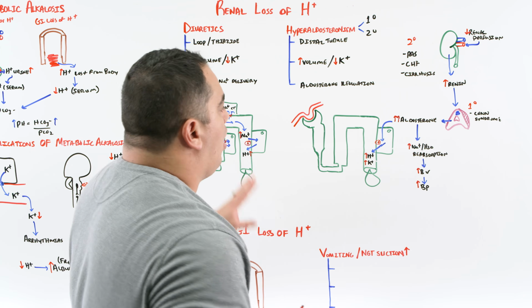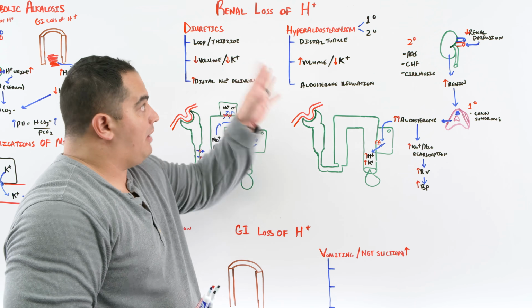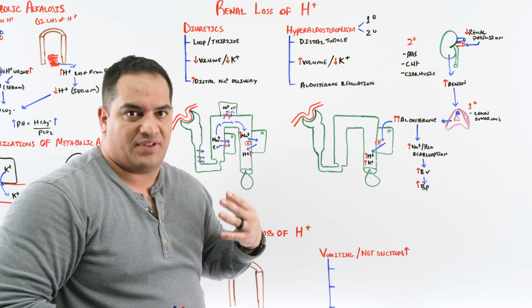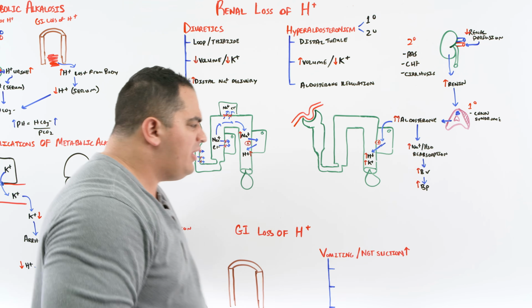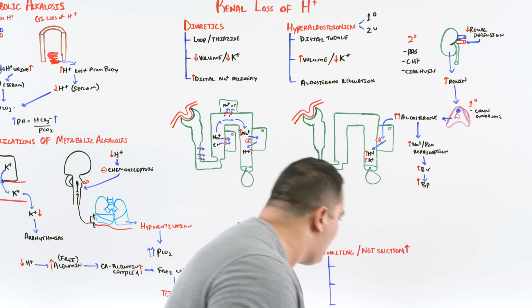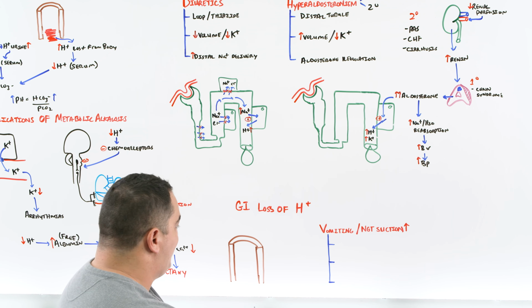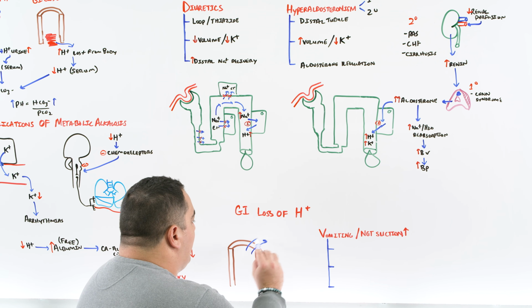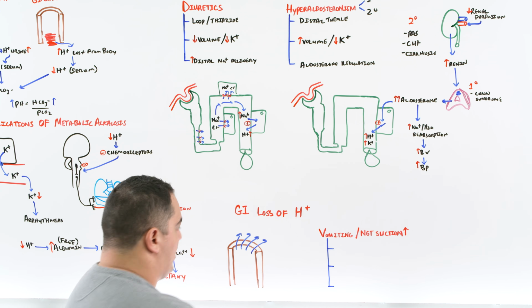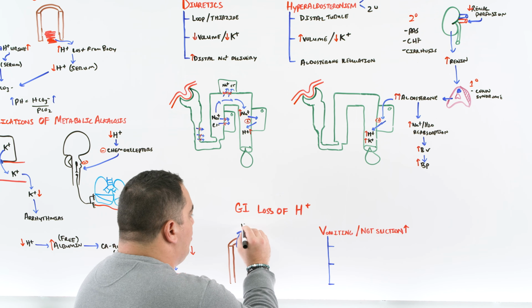Okay, my friends, we've talked now about this point pretty good about the renal pathophysiologies behind metabolic alkalosis. What about the GI? With GI, it's pretty straightforward. Your GIT is just dumping out protons. And usually another one is chloride.